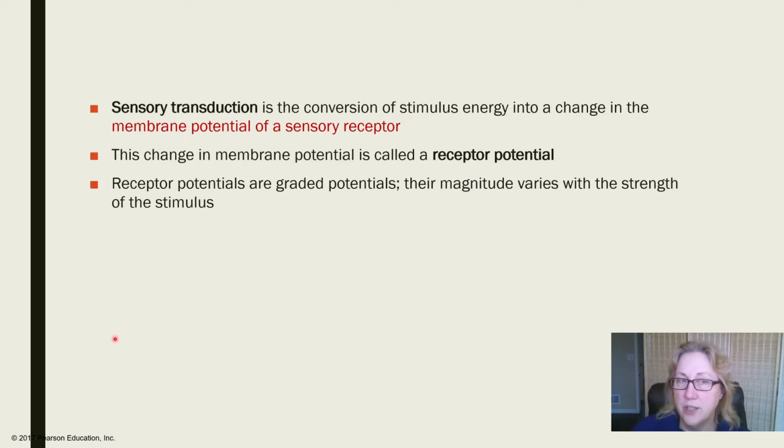So sensory transduction is taking that stimulus and turning it into a change in the membrane potential of a receptor cell or the neuron, if the neuron itself is the sensory cell. And it may not result in an action potential. So these are graded potentials.